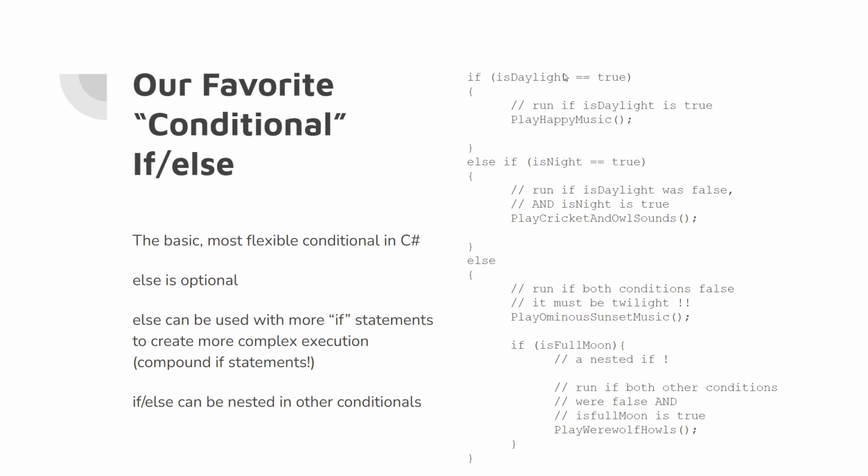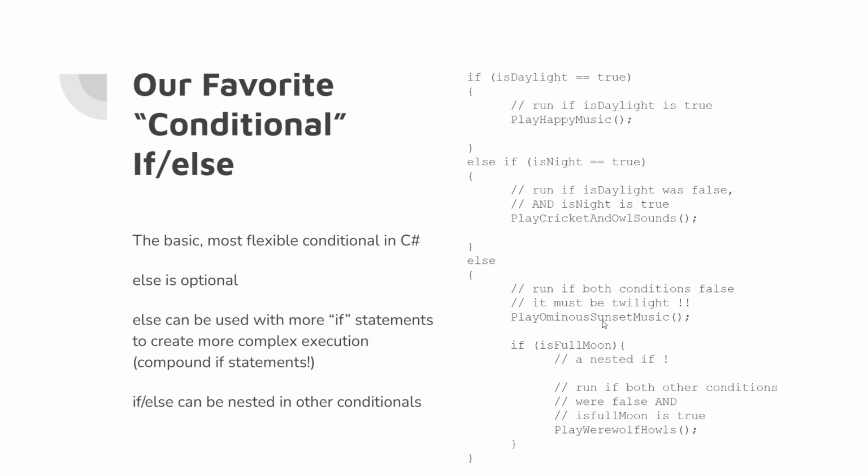It's basically neither of these are true. So this would be if both of these were false, because it didn't come in here, it wasn't true, and this didn't happen because that wasn't true. Now we have neither day nor night, so we must be in that kind of twilight, sunset, who knows, sort of thing.